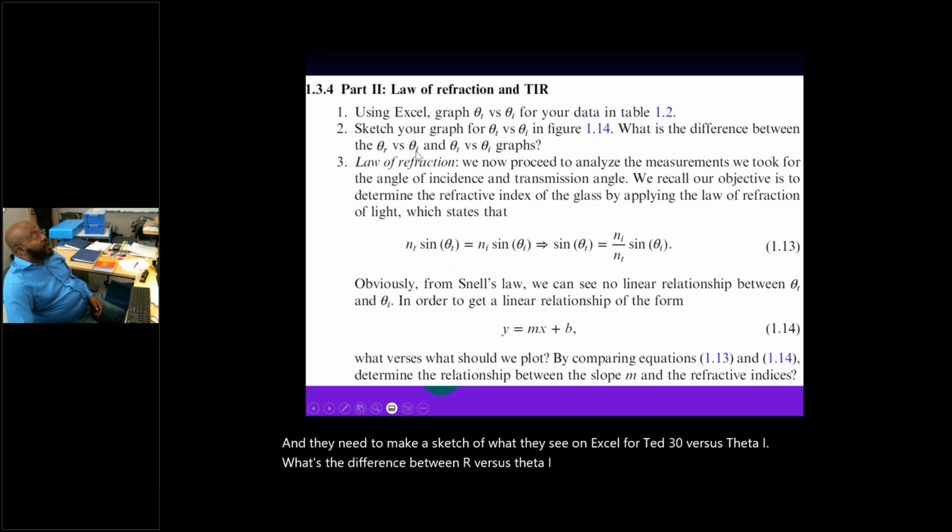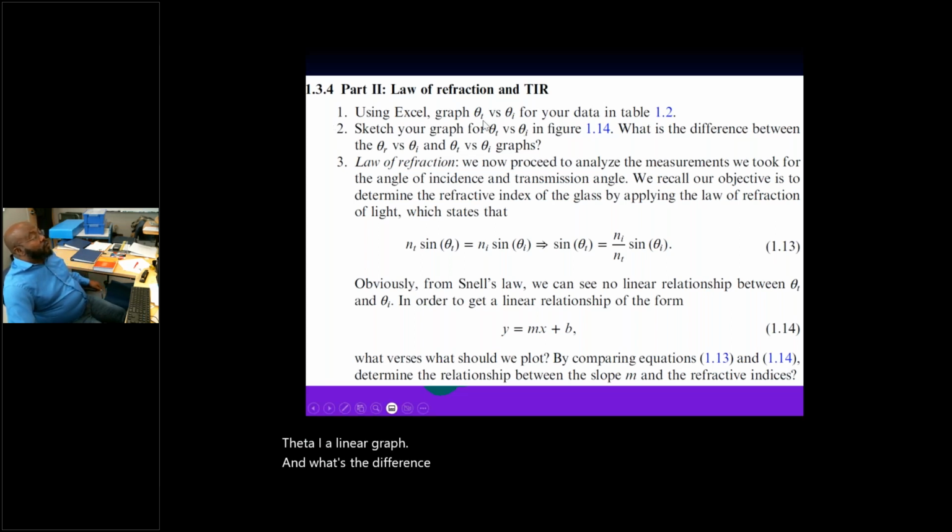They should have gotten a linear graph for theta r versus theta i. And what's the difference? This one is obviously going to be non-linear, whereas that one is linear. And then they proceed to analyze the measurements they took for the angle of incidence and transmission. The objective is to apply Snell's law and find the refractive index of glass.